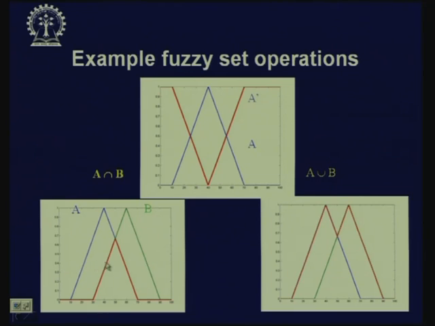So, in the intersection 40's membership will be the minimum of these two, 0.8 and 0.4. So, it should be 0.4.